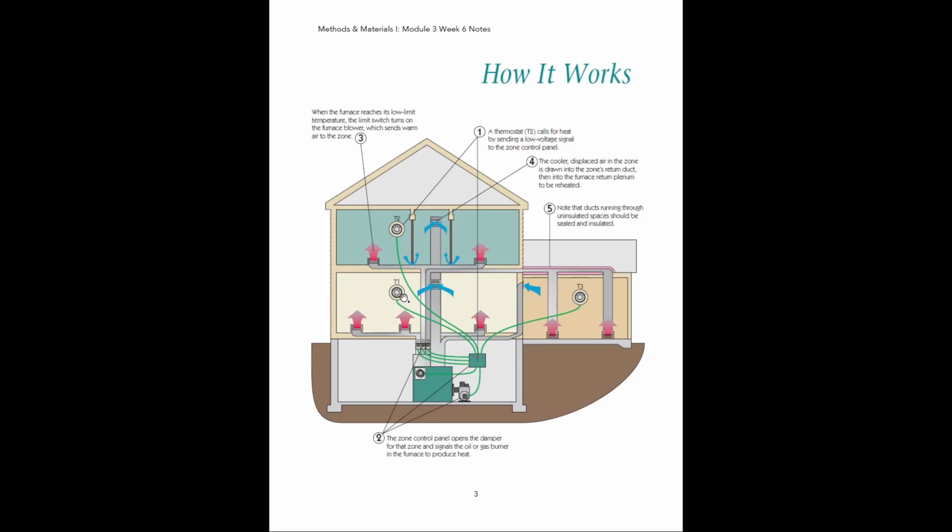So all that hot air, as it cools down, is being pulled into that return duct from all the spaces, indicated by the blue arrows, and then it is drawn back into the system here for reheating. Like I said, it's a circular system. So it goes up here, it goes out, gets pulled back into the return duct, and then comes back into the system, gets reheated again, then gets redistributed.